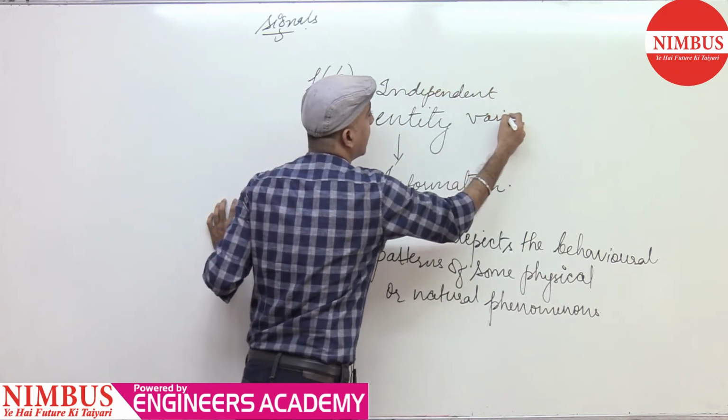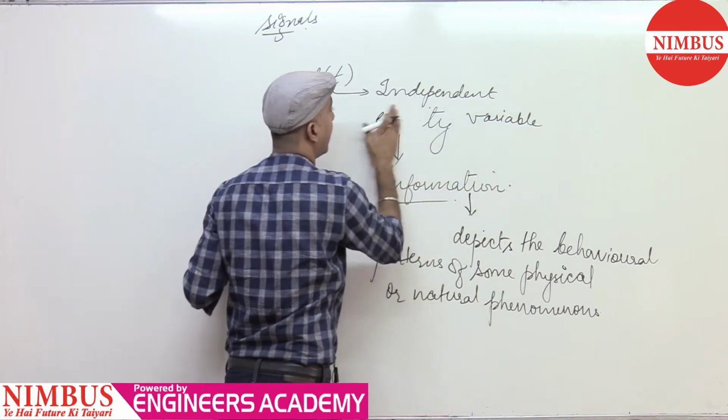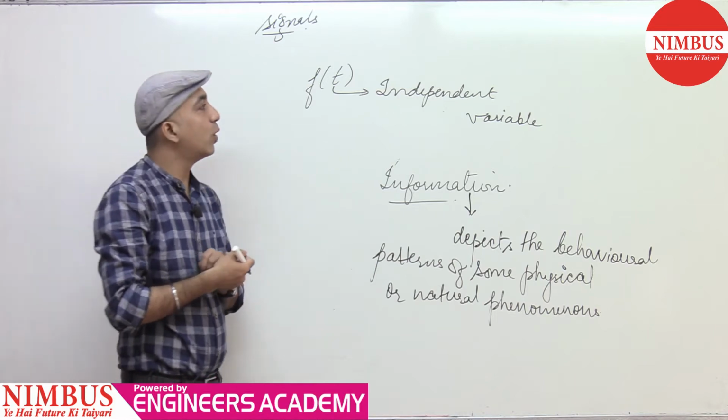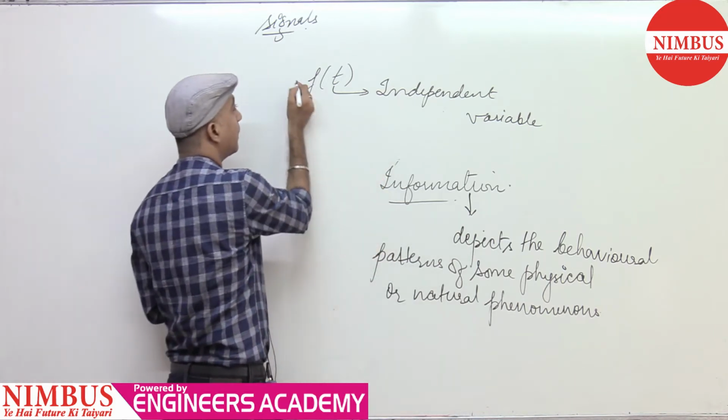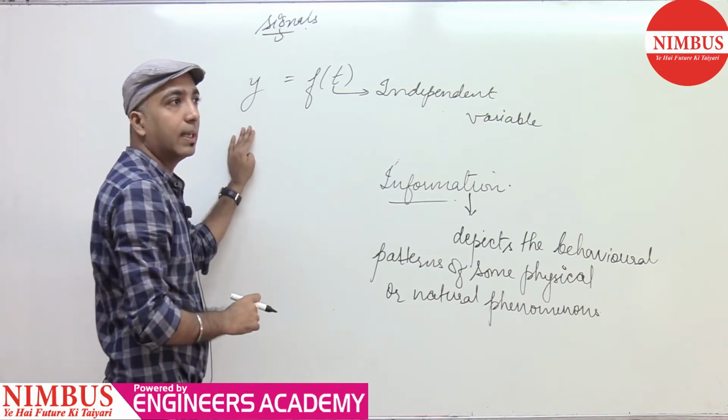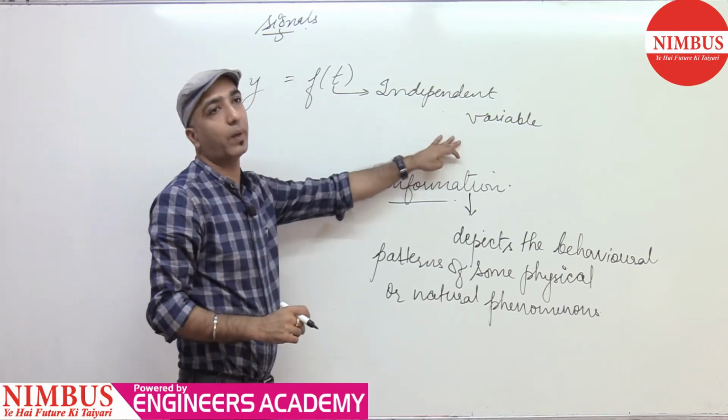That should be an independent variable, right? So suppose that is the dependent thing and that would be the independent variable.